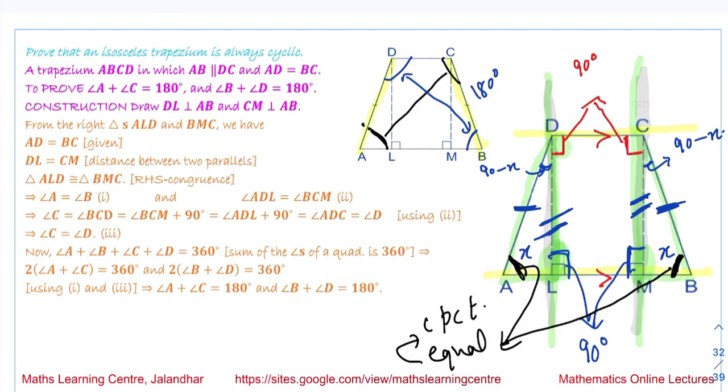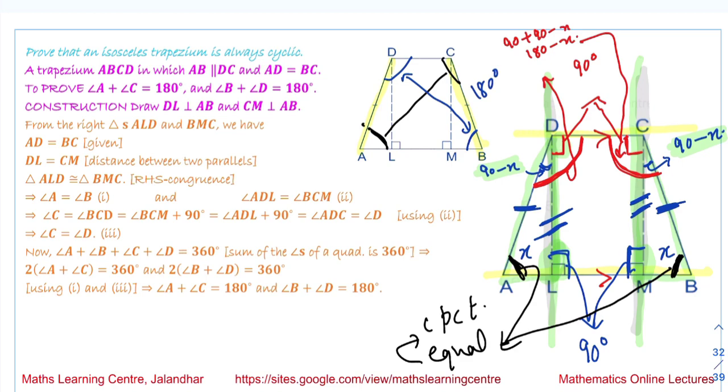So this angle at D is 90 minus X, and this angle is 90 minus X. So this total angle at C we are talking about will be 90 plus 90 minus X, that is equal to 180 minus X, which is the angle at C.